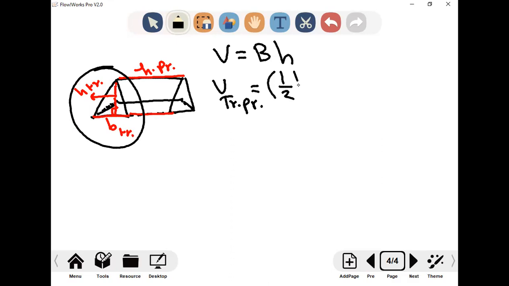Half base of the triangle, height of the triangle. صح؟ أنا بشغال على triangle. This is big B. هذه البيج B. شو ضل بالفورمولا؟ Height of the prism. So here we have two heights. Height for the triangle and height for the prism, right?